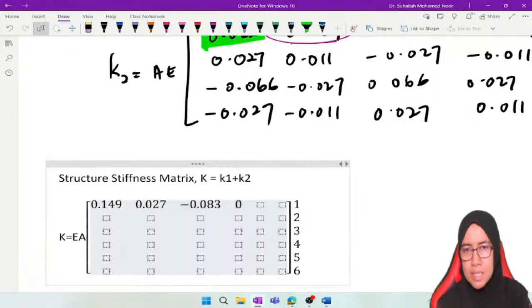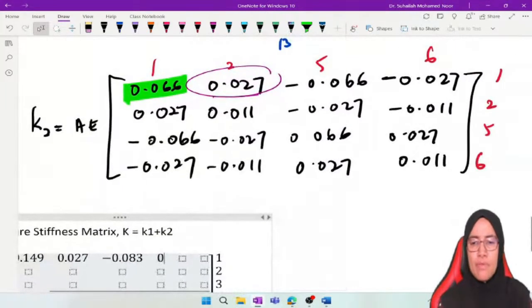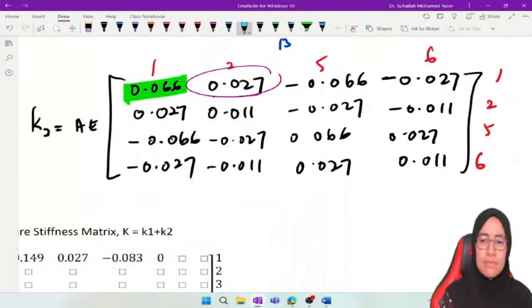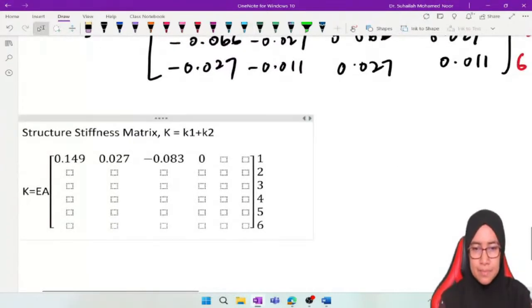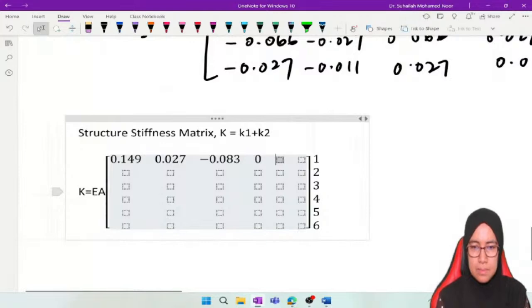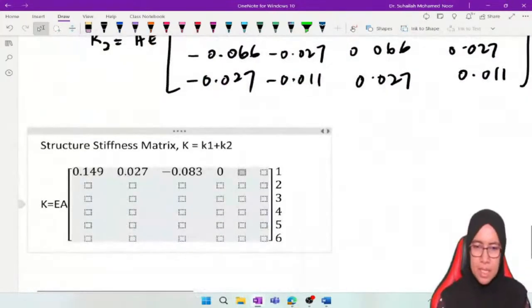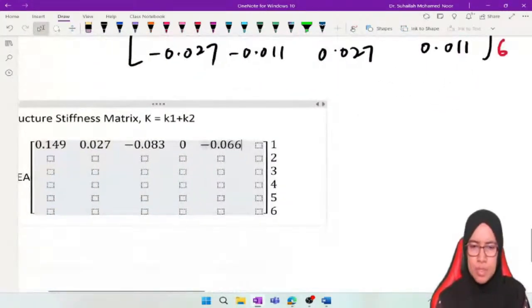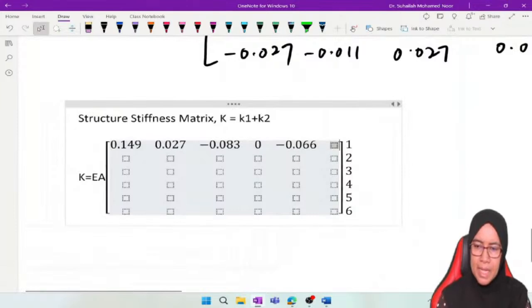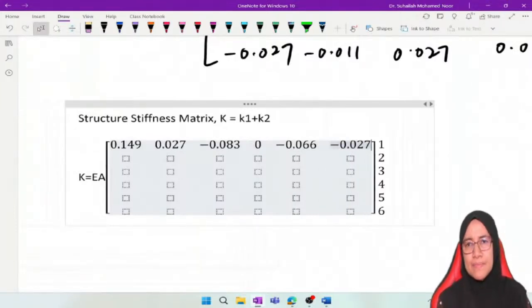From K1, it is 0. 1,5. Okay, so the numbering that we put in K1 and K2 refers to the position in the structure stiffness matrix. 1,5 is negative 0.066 and negative 0.027, so negative 0.027.